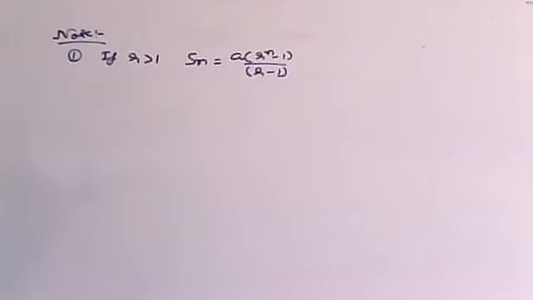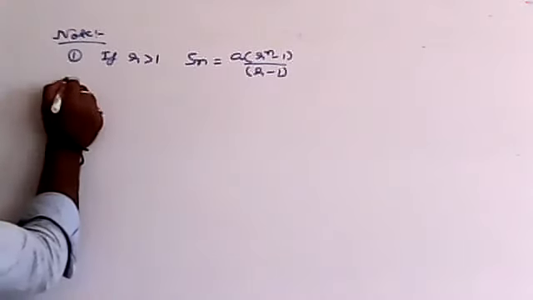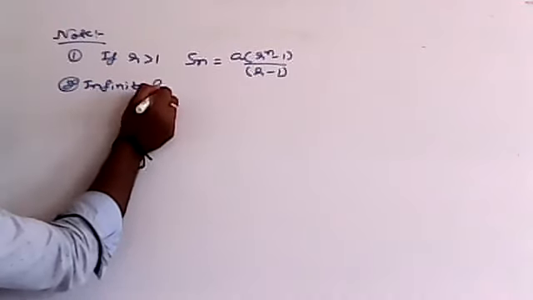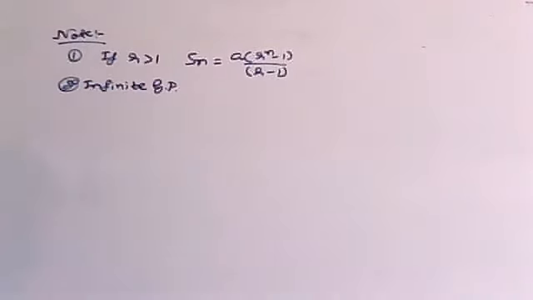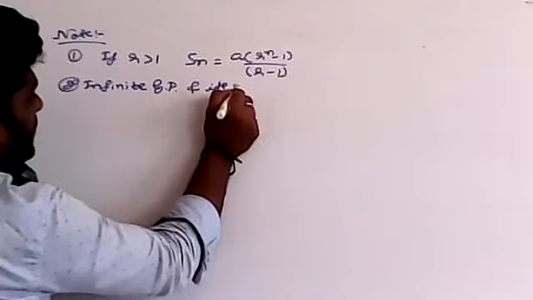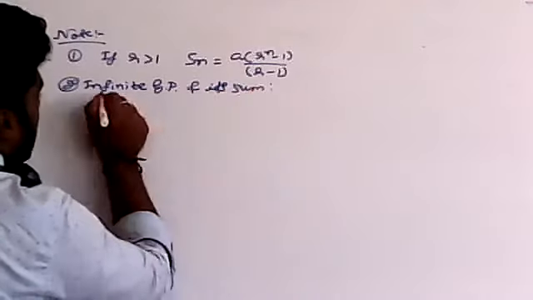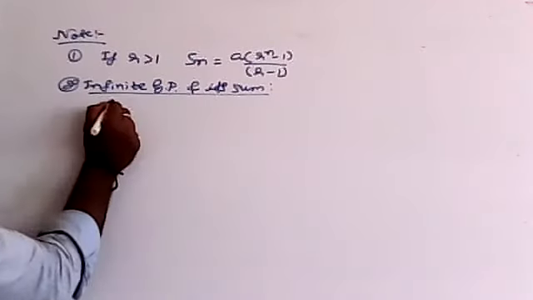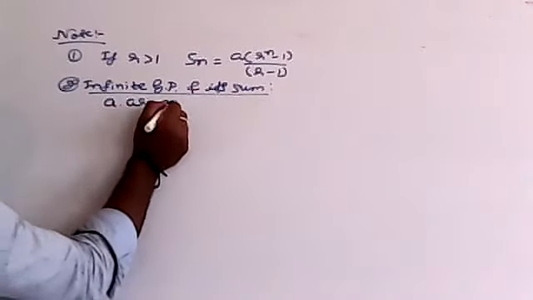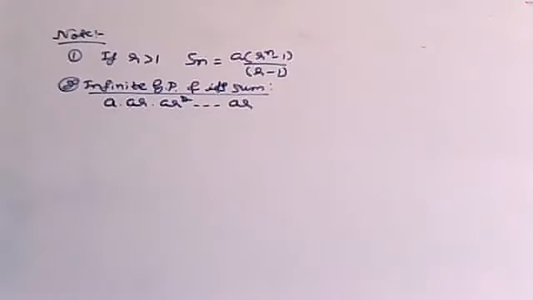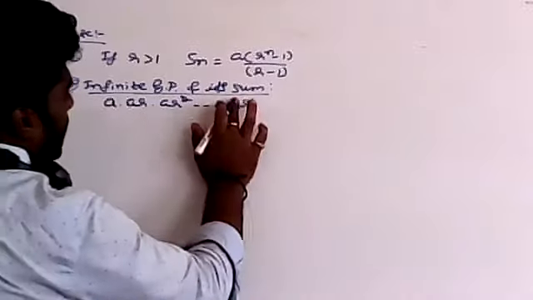Second note, infinite GP, infinite geometric progression, and its sum. Okay, so this is the second note. So we have to write that one as of the form a, ar, ar square, so on up to ar to the power of n minus 1, correct or not?